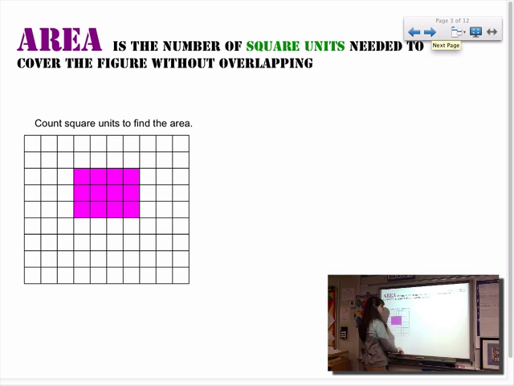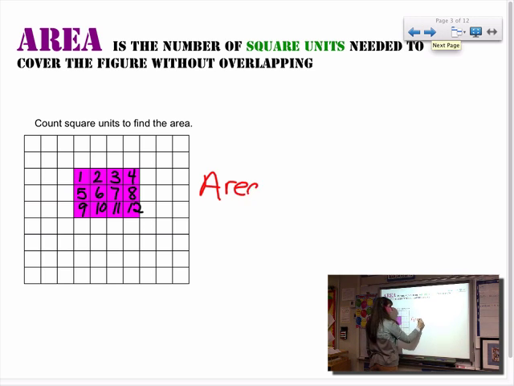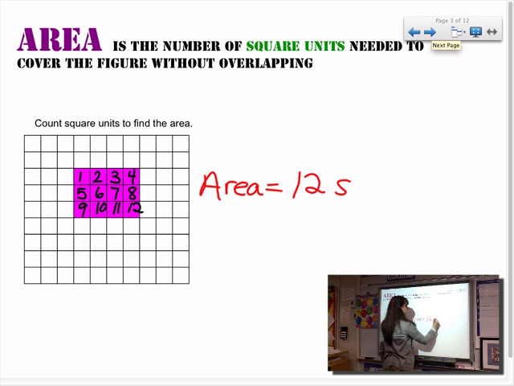Let's see if we can count squares. Here's 1, 2, 3, 4 square units, 5, 6, 7, 8 square units, 9, 10, 11, 12. We would answer this by saying the area equals 12 square units.